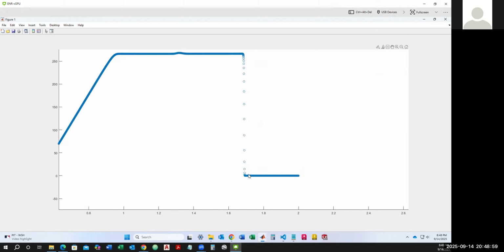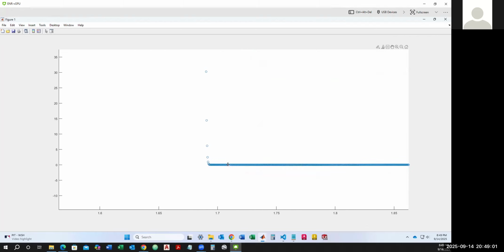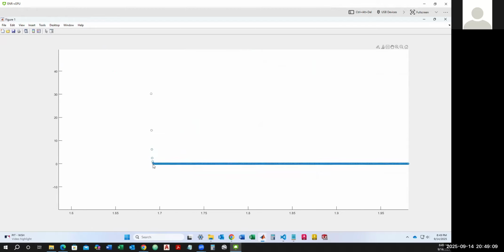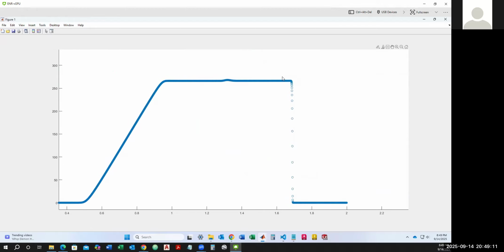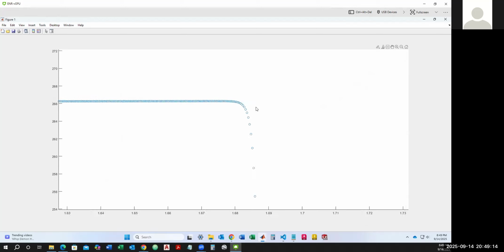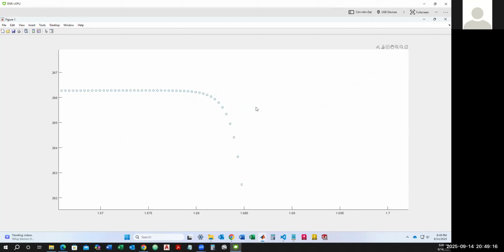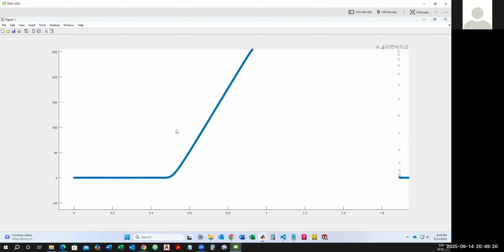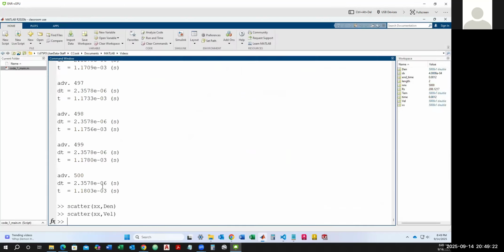Now, look at this jump in the velocity. Let's zoom in here and see if there's any squiggles. Nope, perfectly smooth. Here's the velocity.